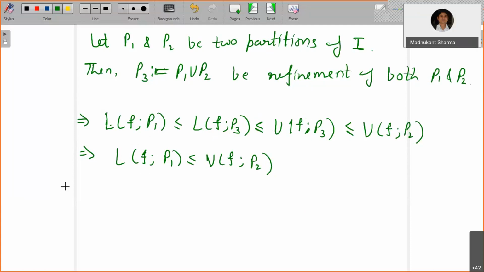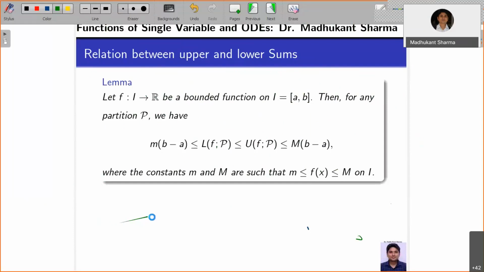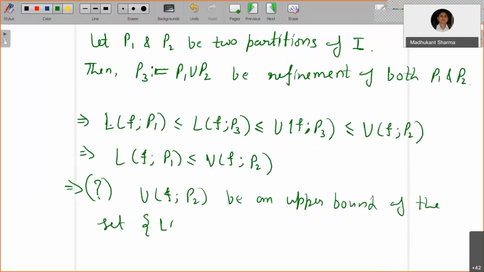You take any partition. So you can say that UFP2 is an upper bound of the set of LFP such that P is any partition of I.